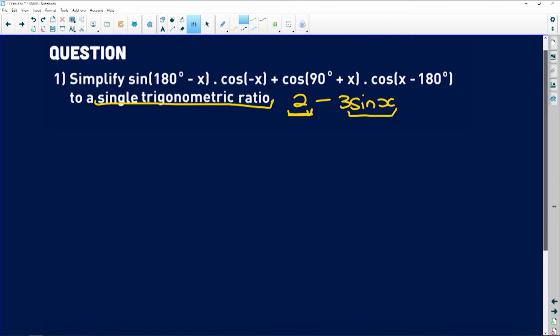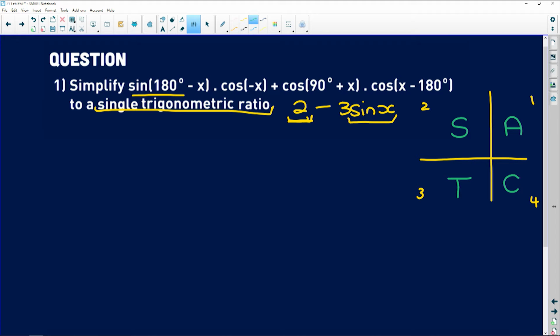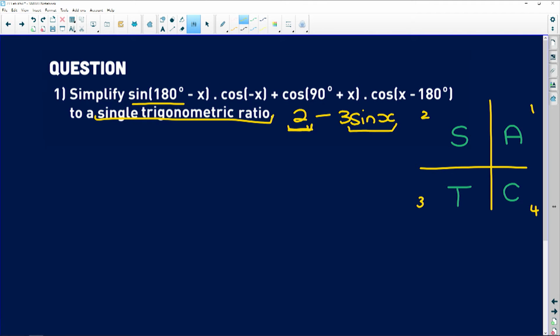So sine of 180 degrees minus x. Let's draw a little CAST diagram. We've got quadrant 1, 2, 3, and 4. Okay, and CAST says that cos is positive in the fourth, all of them are positive in the first, sine is positive in the second, and tan is positive in the third. Okay, that comes from your ratios. You should know that. We started that in grade 10 even.